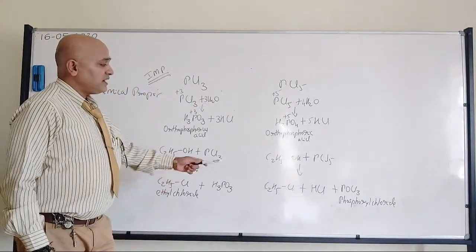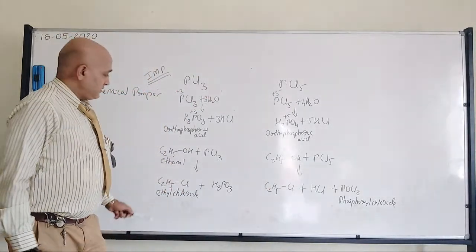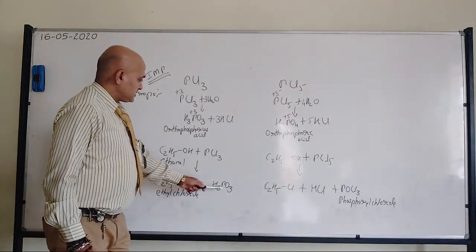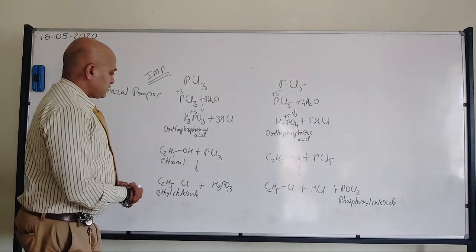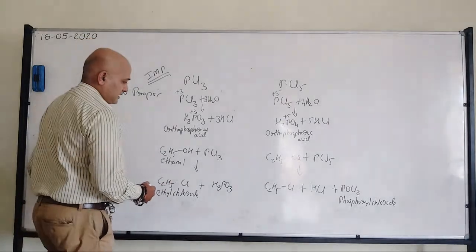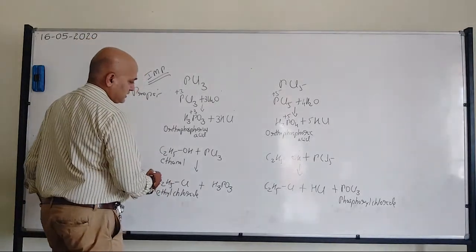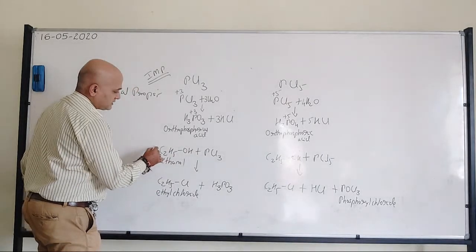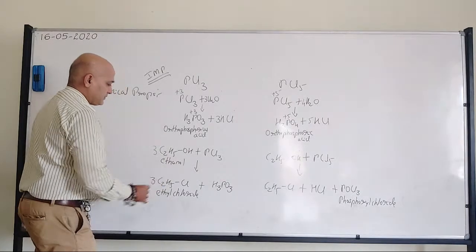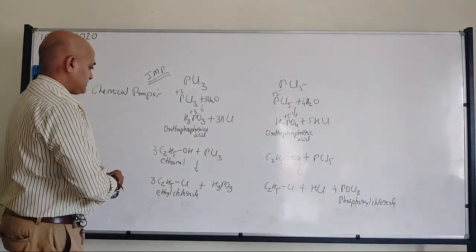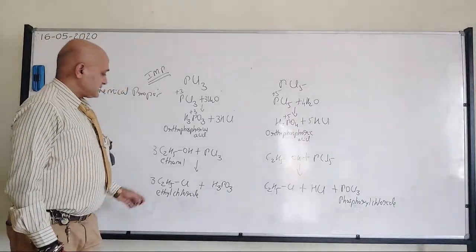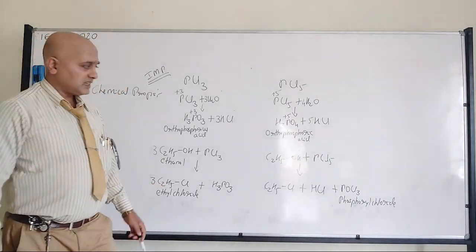Now we will see whether the reaction is balanced. Oxygen is 3 on one side, oxygen is 1 on the other. Then we have to balance it. So here, 3 and 3. I think it is balanced, right? So that's the balanced equation.